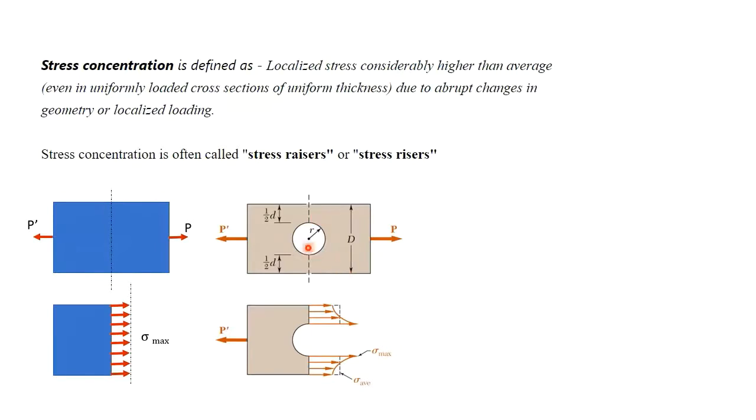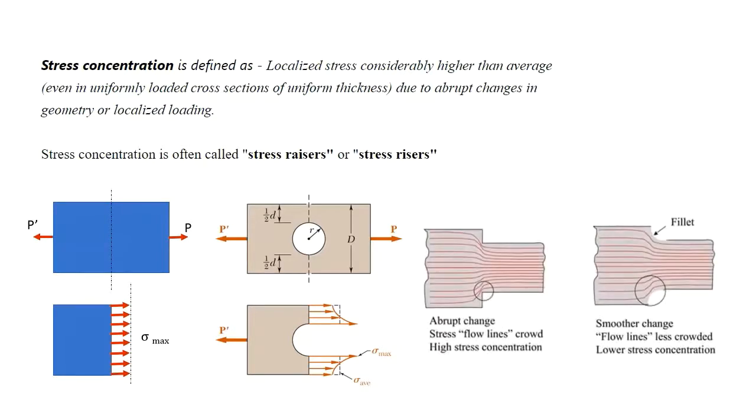Right, now this is nothing but an abrupt change in the cross section. You could see this is the abrupt change in the cross section, and because of which the stress is getting concentrated. Now what is another example of abrupt change which is commonly used? Now you can consider this is a stepped shaft. Right, so you could see the flow lines in the first case, like you could see the crowded flow lines over here because of the sudden change in the cross section.